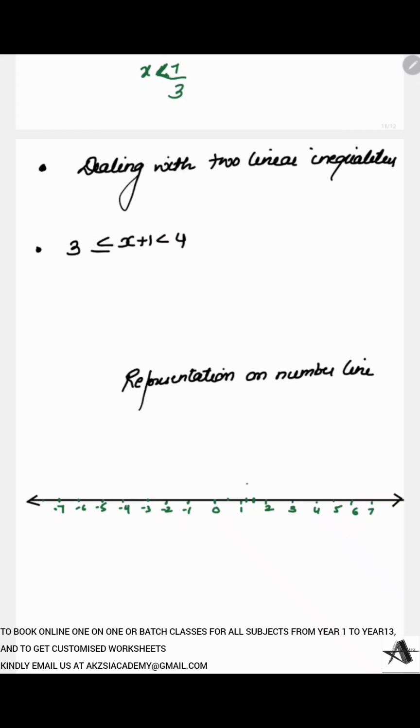In order to isolate x, we need to subtract 1 from all the sides. Whatever you're doing with one side, you're supposed to do with all the sides. So it will be 3 minus 1 less than x plus 1 minus 1, 4 minus 1. So this is 2, x and 3.